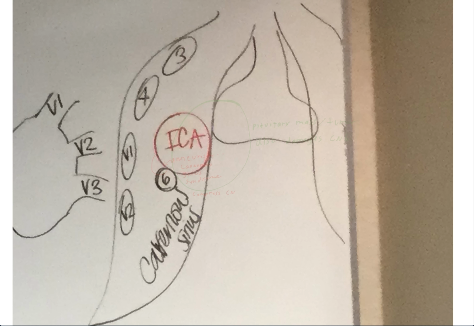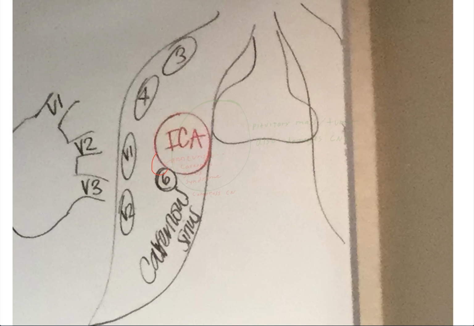Because if you have an aneurysm of the internal carotid artery, remember I told you an aneurysm is just an outpouching of the vessel wall that's weakened, that presses against things. So if you have an aneurysm of the internal carotid artery, what's it going to press on?